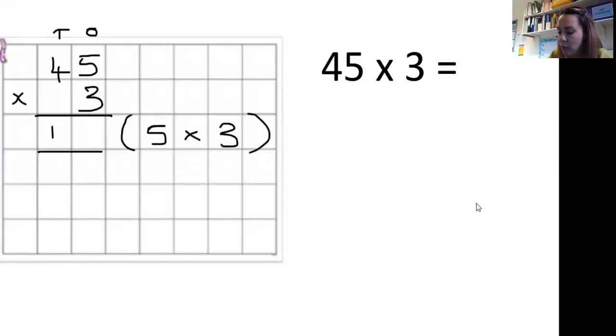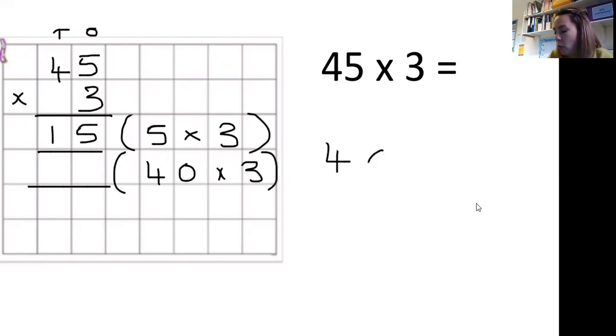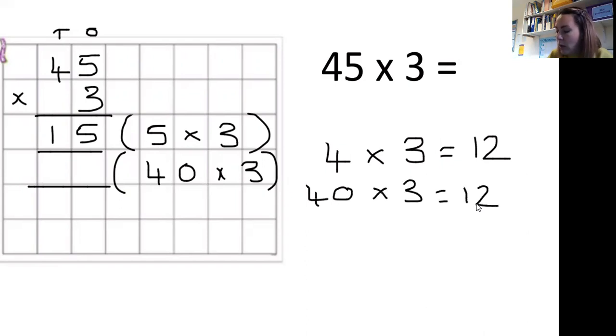So I know that 5 times 3 is 15. My second one is going to be 40 times 3. Now I know that 4 times 3 equals 12. And so I know that 40 times 3 equals 120.